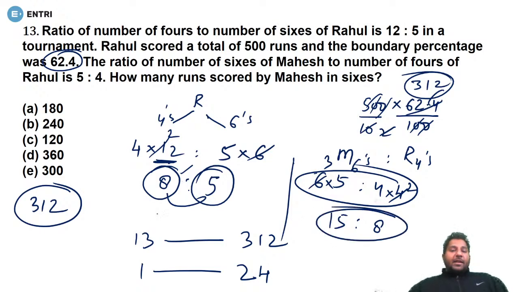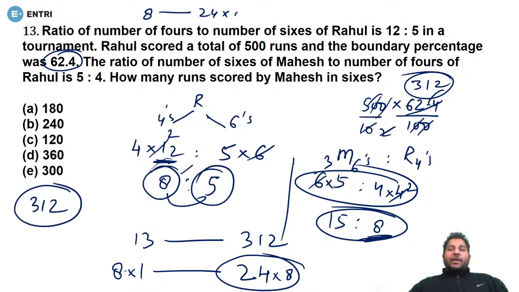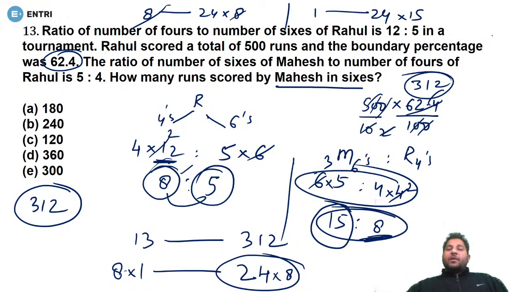Here we will multiply with 8 to get the runs in terms of fours, and that has to be equal to 8 ratio. So this 8 ratio equals 24 into 8. That means 1 ratio will always come as 24. So we will multiply it with 15 to get the runs in terms of sixes with Mahesh. 15 fours are 60, 15 twos are 30. So 360 will be the final answer.